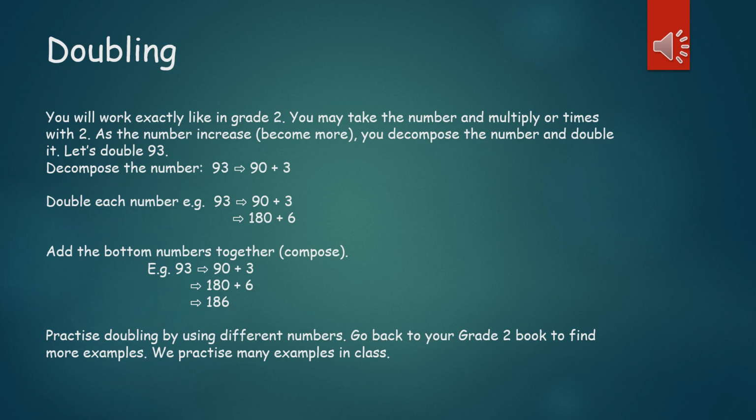Add the bottom numbers together. That means you have to compose the 2 bottom numbers. For example, 180 plus 6 is 186.